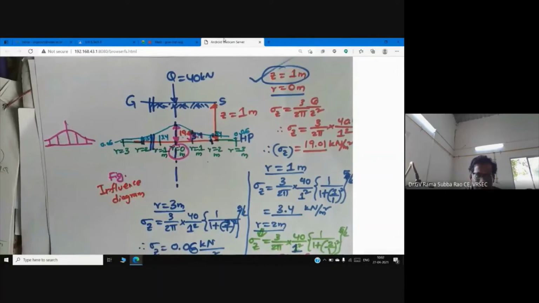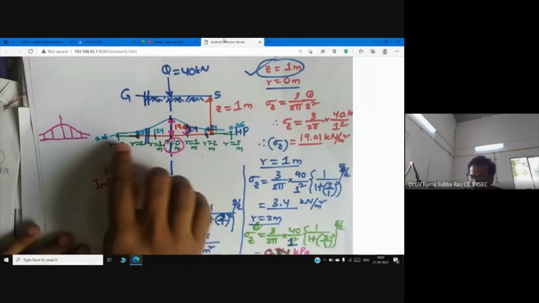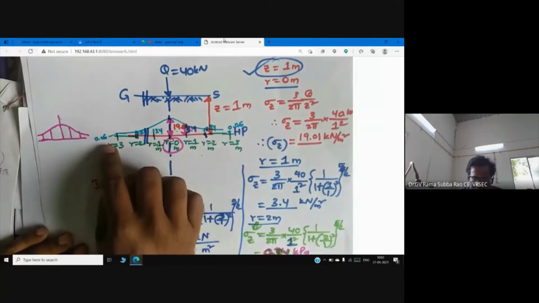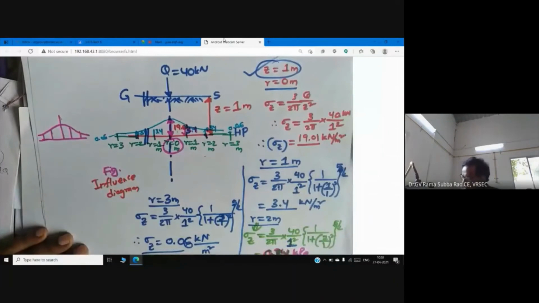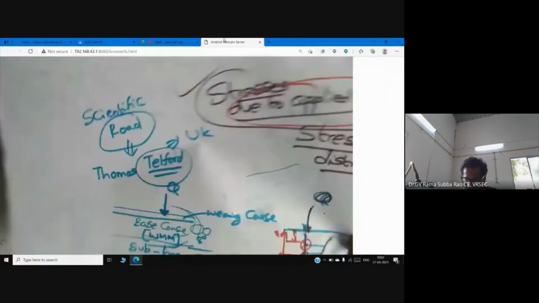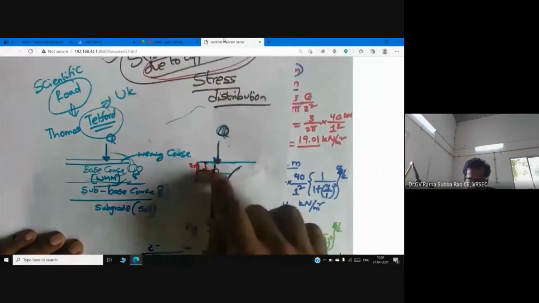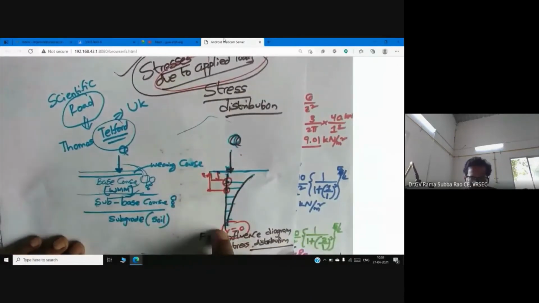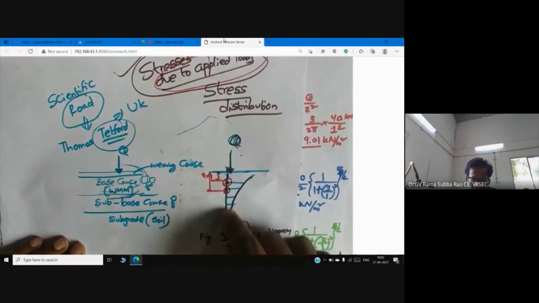By seeing this figure, someone can comment on the distribution of stress on the horizontal plane. In the earlier case, it was the distribution of stress on the vertical plane. The last discussion was about how the stress varies on the vertical plane.